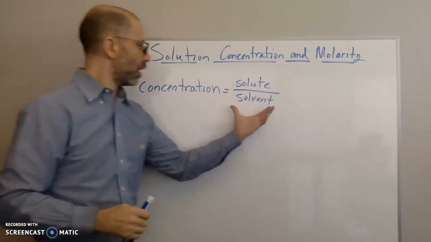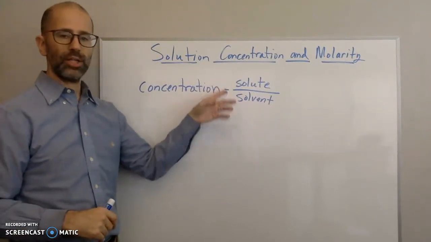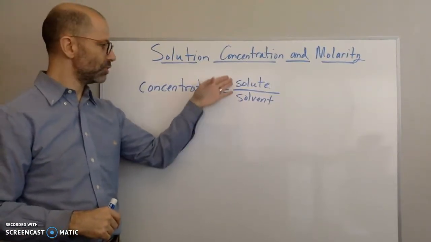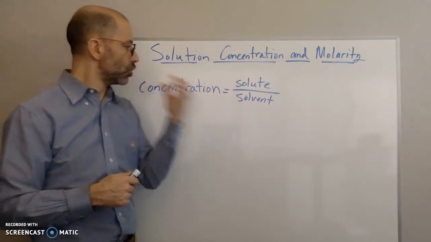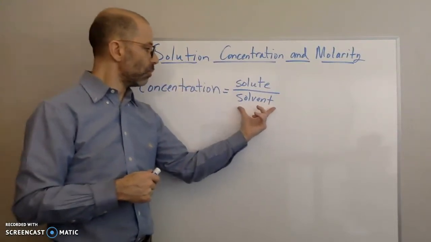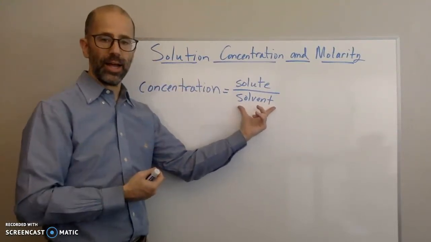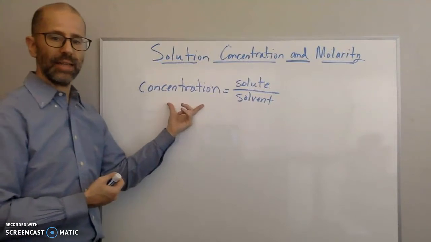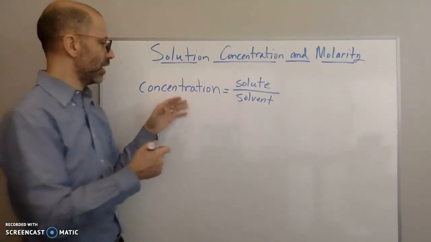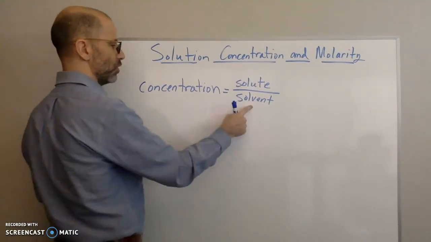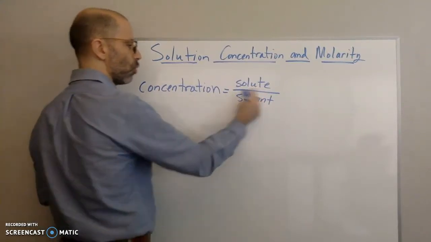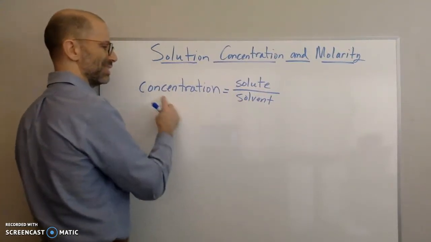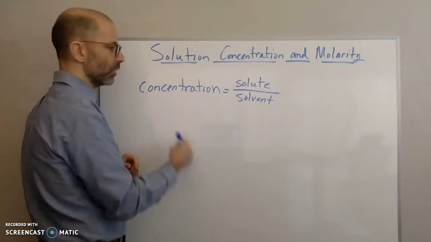So if I change the amounts of solvent and solute, then I'll be changing the concentration. The more solvent I have, the less concentrated it will be. So you can see that there's an inverse relationship between the concentration and the solvent. So more solvent means less concentration.